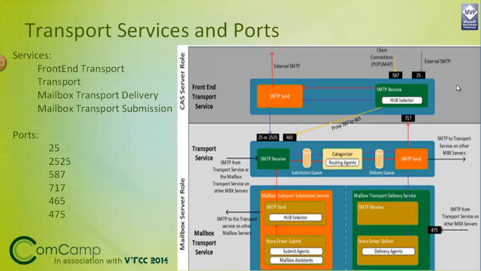Alright. Port 465 is used to accept proxy connections that were received on port 587 by the front-end transport service for client's connection. Transport service also receives the message from transport submission service on port 465.